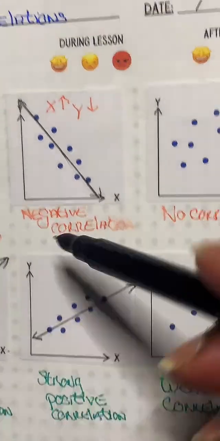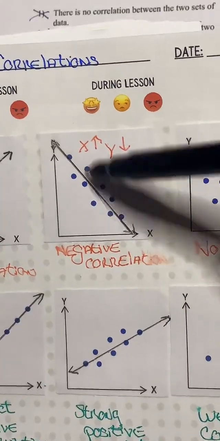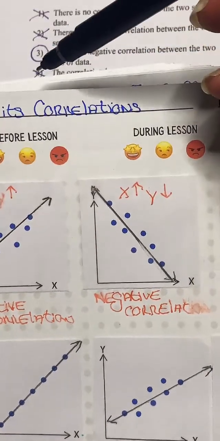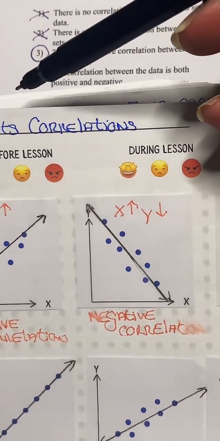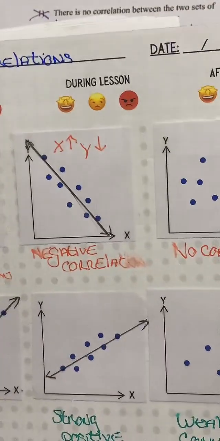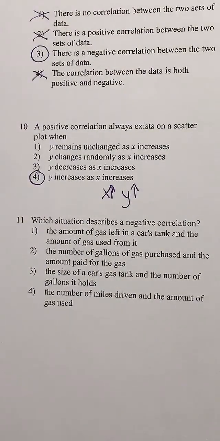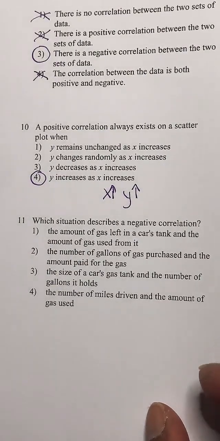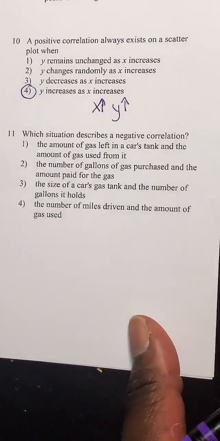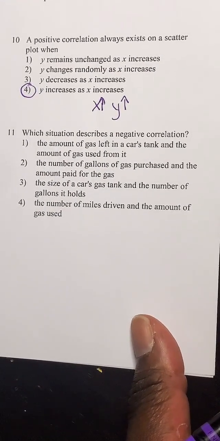Like you could have all your points kind of like bunched together right here, and then you have another point like all the way up here. Okay? That will be your outlier. Okay, so now the last one on this page.